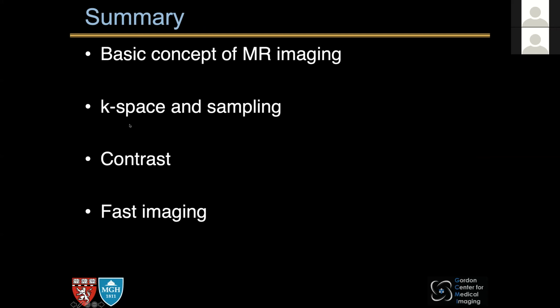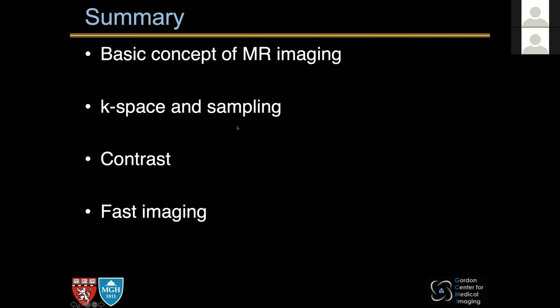Then in this lecture, we focused specifically on k-space and k-space sampling: how to design a 2D, 3D or 1D imaging experiment with different k-space sampling schemes, how to perform image reconstruction with the acquired data, how to sample k-space with different trajectories, and how to characterize the reconstructed image properties.